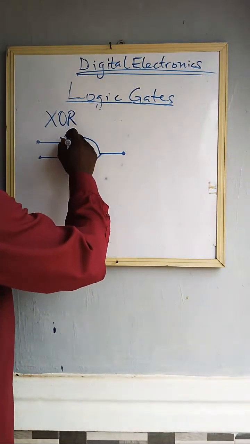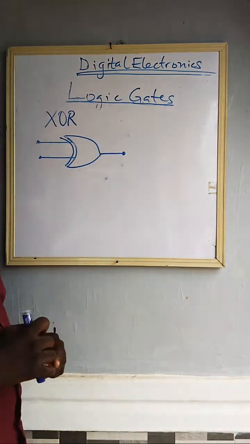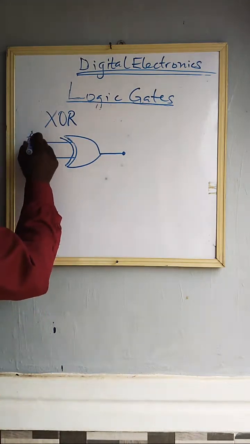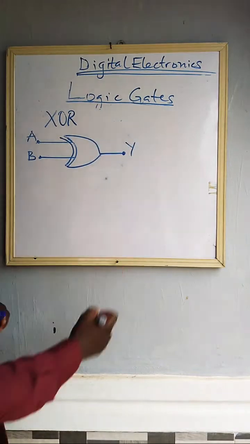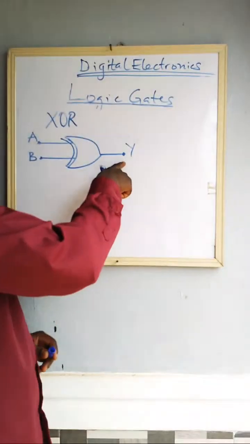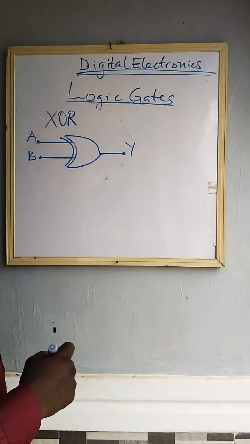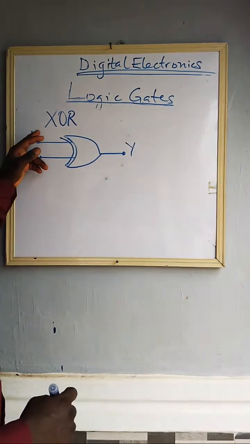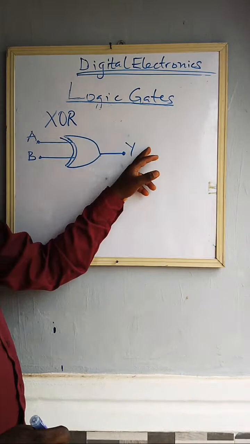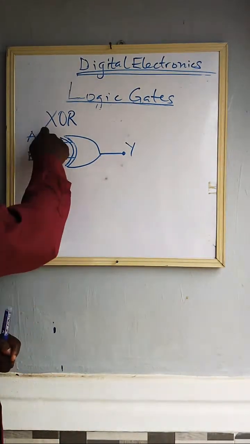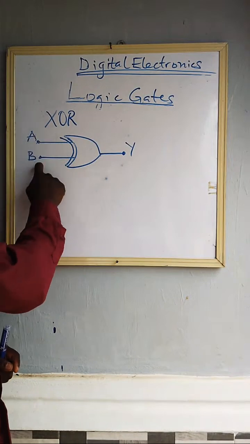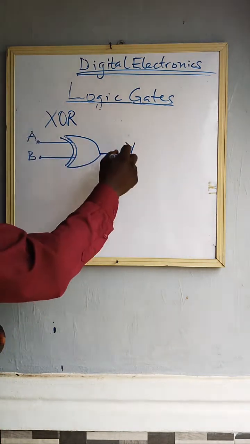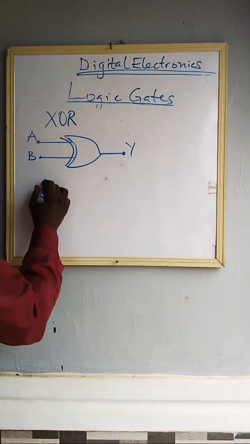The XOR gate ensures that we have a high output when either of the inputs is high, when we have two inputs, for instance A and B, and here is Y. If A is high and B is low, we have output high. Or A is low and B is high, we have output high. But when both of them are high, we are going to have output low. And when both of them are low, we are going to have output low. So for that, we have the truth table like this.